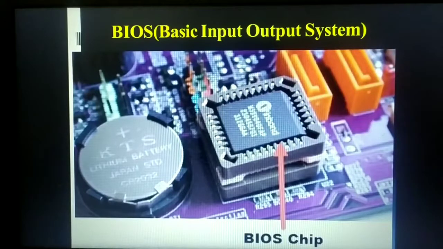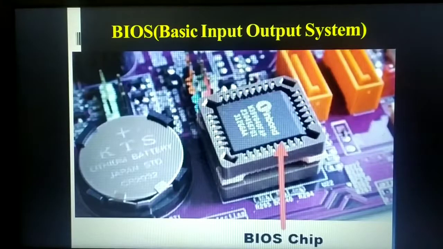Now I will tell you one example. This BIOS usually runs whenever the computer is switched on. Usually BIOS performs one test known as the power on self test, which can also be called the self check. When I was explaining about the modem, we had come across the power on self test.